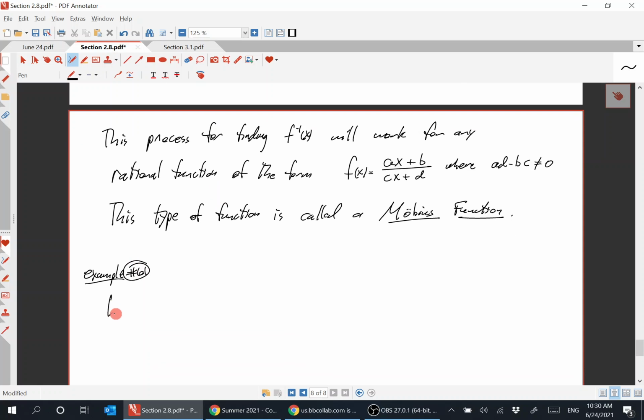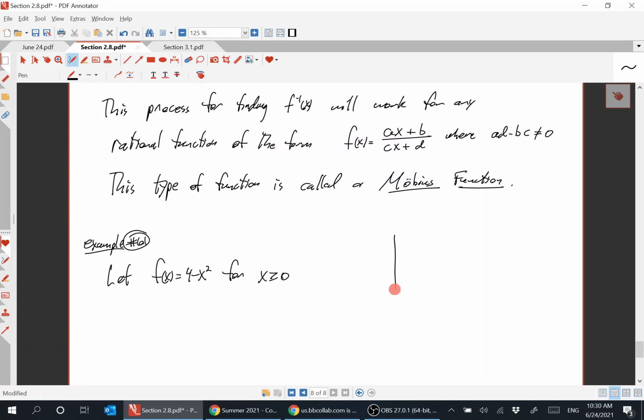So let f of x be equal to 4 minus x squared for x bigger than or equal to 0. So for x bigger than or equal to 0, 4 minus x squared looks like this.